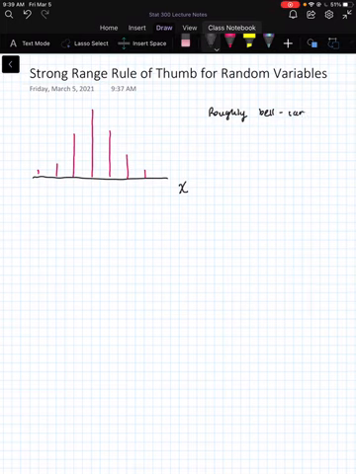And we'll have a way to make that more precise in the next chapter. In fact, that's the main theme of the next chapter. But for now, just know that we want to be able to fit a bell curve roughly, maybe not exactly. And then we'll know that this range rule of thumb will apply.